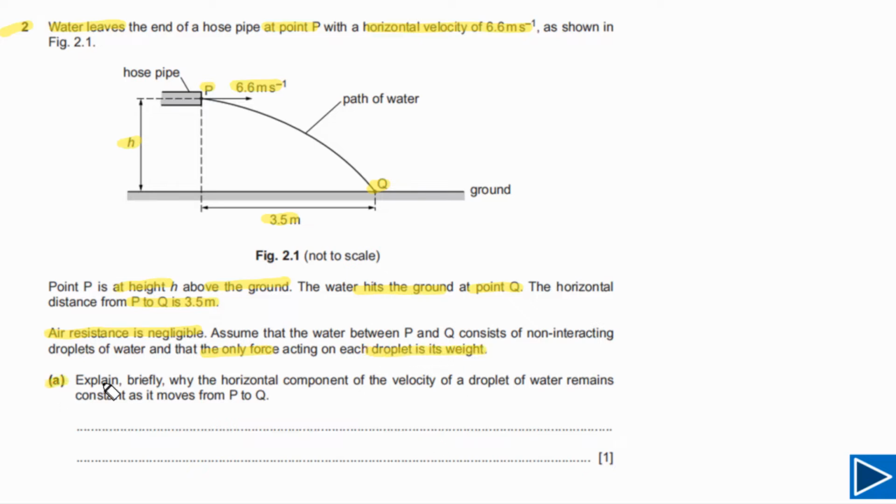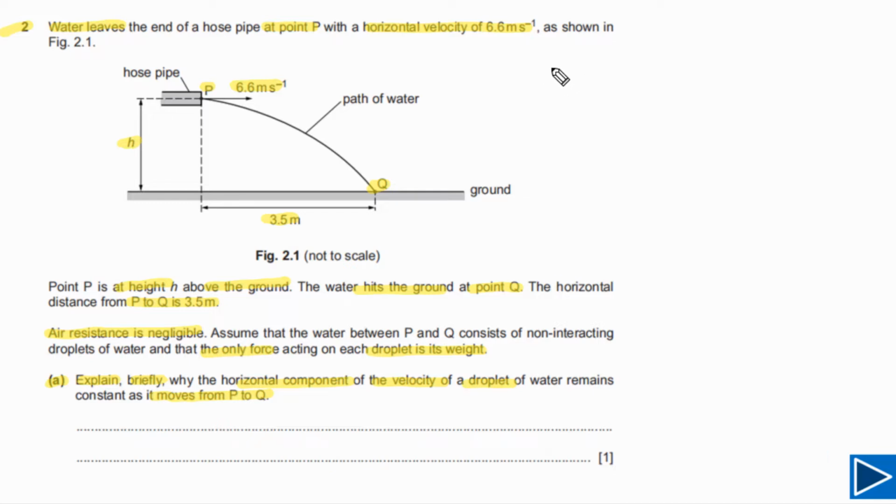Now for part A, we need to explain briefly why the horizontal component of the velocity of the droplet remains constant as it moves from P to Q. In this case, we need to understand that velocity remains constant if there is no net force acting on the object, or simply acting on the body. And in this case, there is no force acting along horizontal, so it simply means that the horizontal velocity will remain constant.